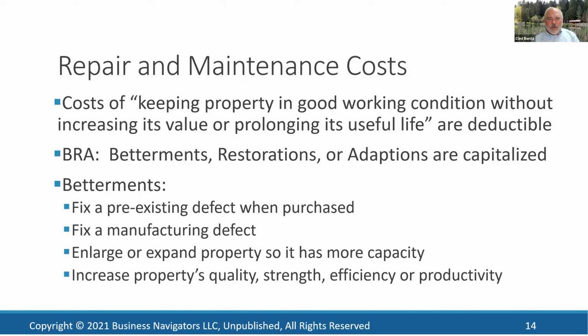So what is a betterment? A betterment is basically one of four things. Either you're fixing a pre-existing defect from when you bought the property. When we say property in this case, we mean both real property and equipment. So let's say you bought it and you knew it had a problem, or you discovered the problem after you bought it.